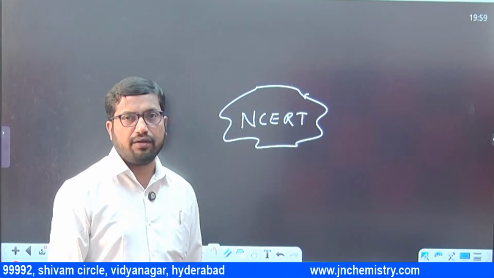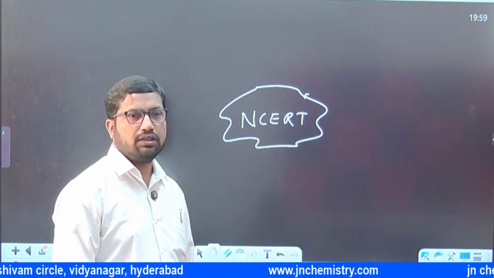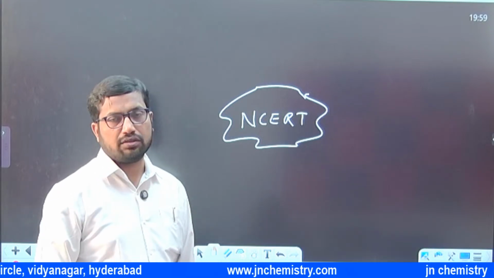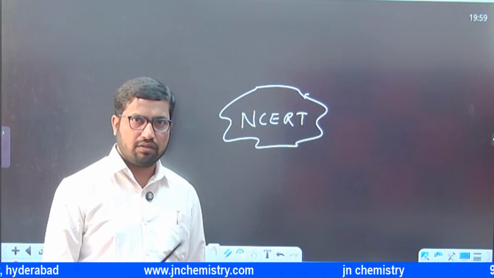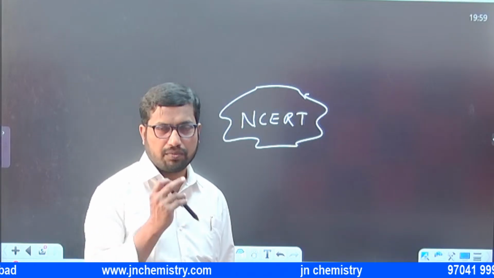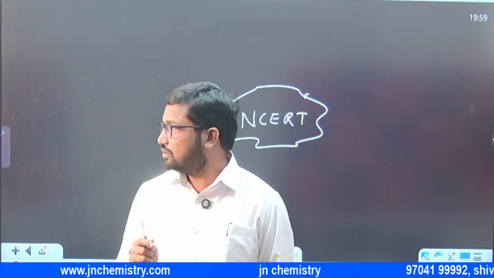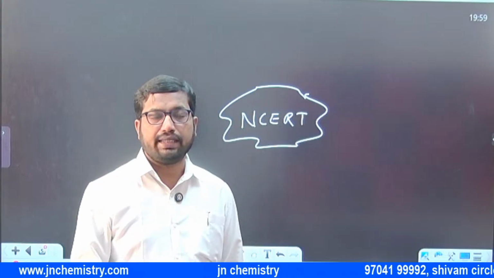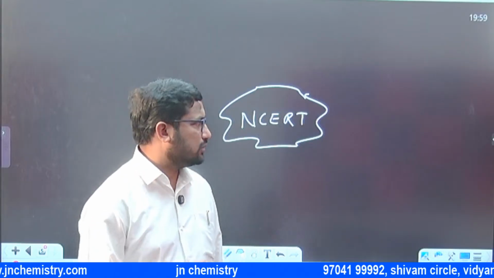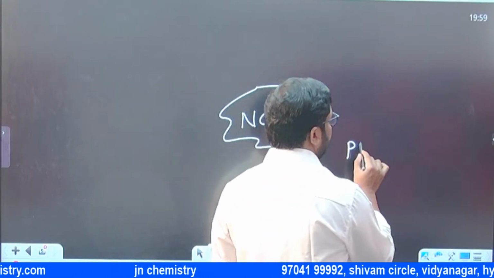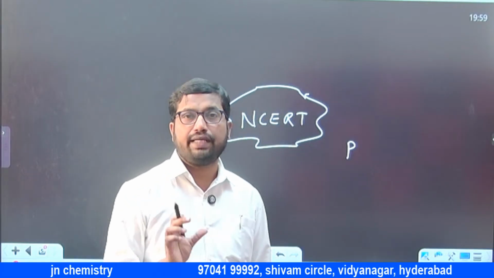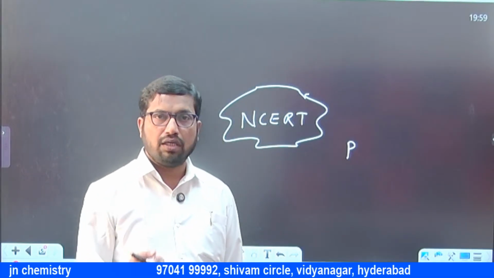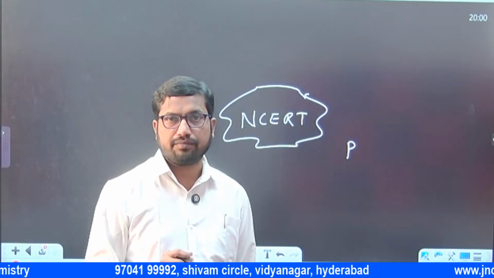Any particular doubts, let me know and I will discuss them. For the next chapter, I will discuss either thermodynamics or atomic structure. Meanwhile, go through the NCERT and PYQs, previous year questions, and solve them. Any doubts, just take a picture and send it to me on WhatsApp. Okay.